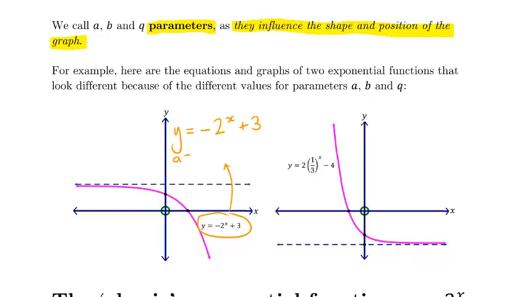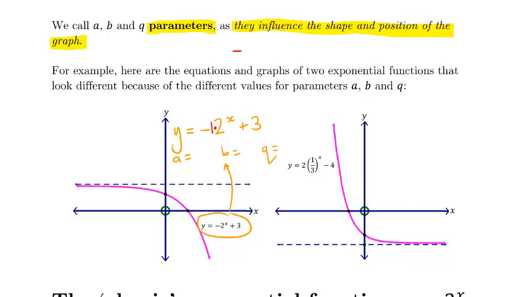Now, what are the a, b, and q values for this equation over here? Well, some of you might already be thinking, Mr. Marie, you just told us that the b value has to be positive, yet I see minus 2 over here. Guys, what we actually have here is an invisible minus 1 times 2 to the x. The x only applies to the 2 because it is only directly next to the 2.